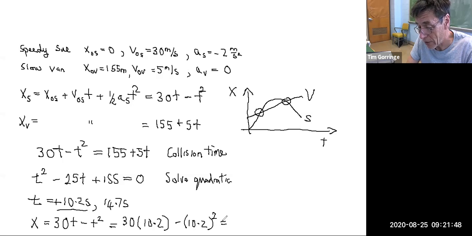And if you calculate that position, that comes out to be 212 meters. And so the location of the collision is at 212 meters from the origin, 212 meters from where Speedy Sue started.